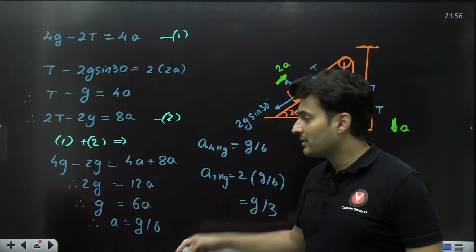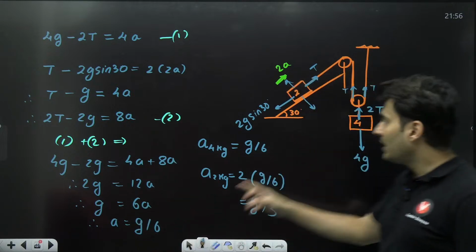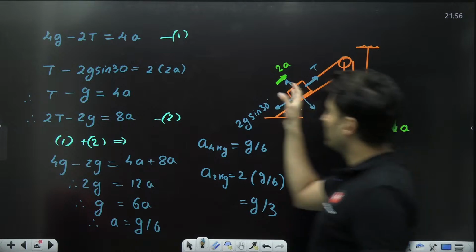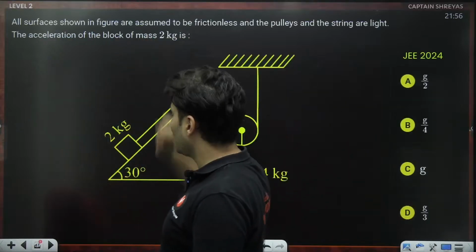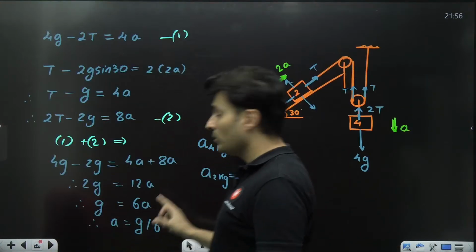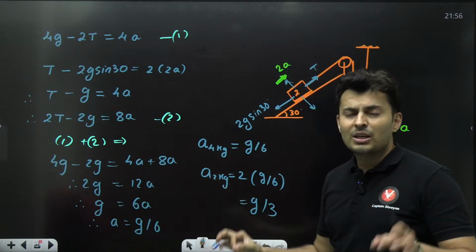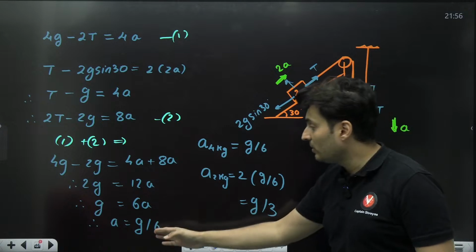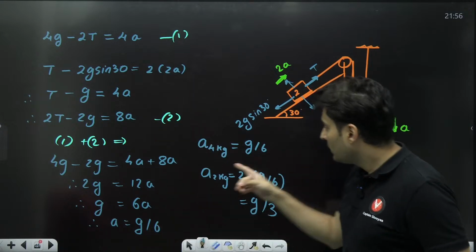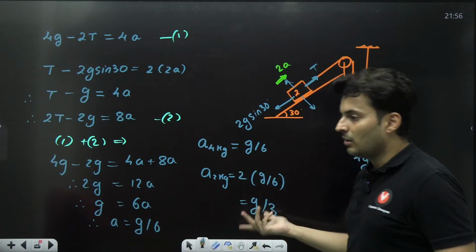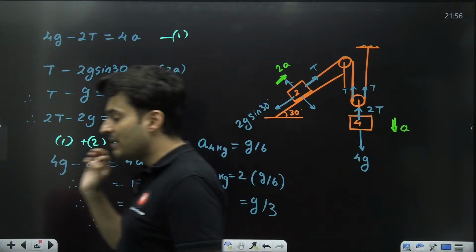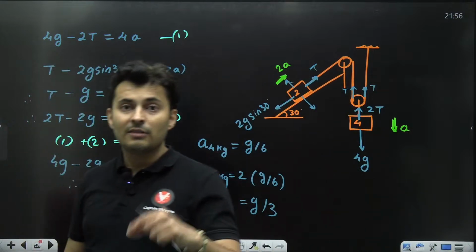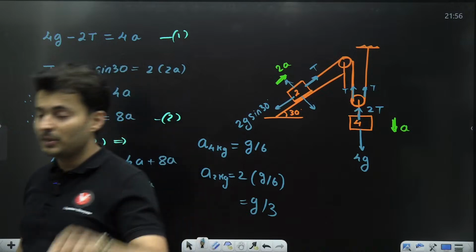But then you realize, wait a minute, this acceleration is of the 4 kg, but what is asked in the question is of the 2 kg. So if you don't realize that, you will make a grave mistake. You will feel so pathetic after coming out of the examination hall, because after solving so much, which is the most difficult part, if you make a mistake here, how will you feel? So that's why be very careful about what is asked versus what you have found. They might not be the same thing.